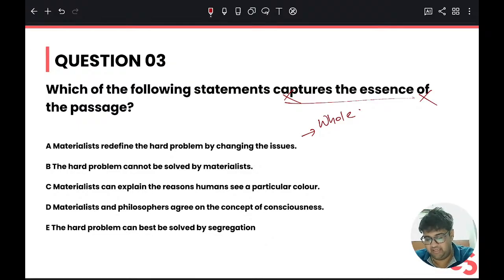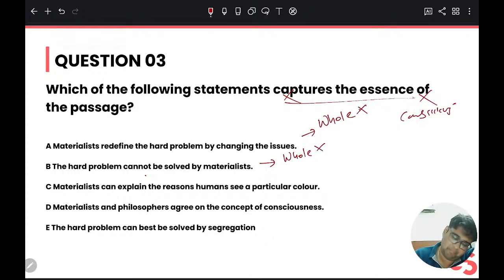Like consciousness was separated and then how the hard problems were solved. Okay, the hard problem cannot be solved by materialists. This is also not the whole thing. This is all a part. Materialists can explain the reasons humans see a particular color. That can be done, but that was not the essence of the passage.